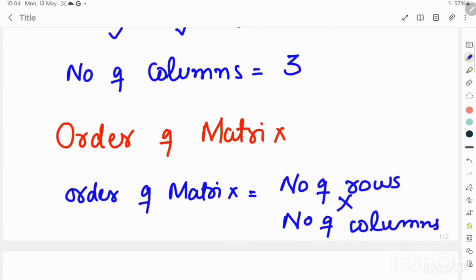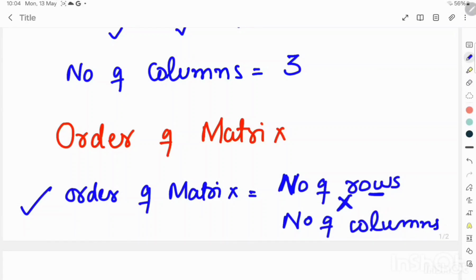Okay student. Whenever you are asked to find the order of a matrix, you just have to use this formula, which is called the formula of order of a matrix. In this formula, the number of rows comes first, multiplied by the number of columns, which comes after the rows. Just don't change the order.